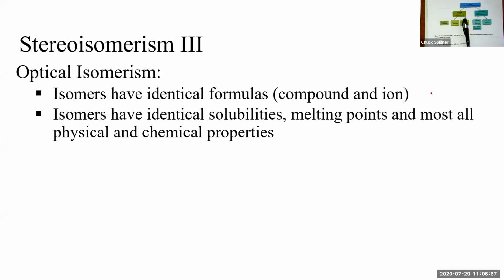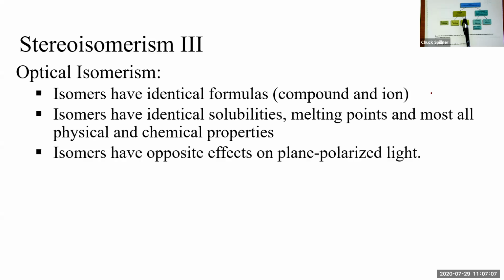So if you looked at melting points or solubilities, or how they react with other compounds or elements, they're all the same. The one thing that is different is how they interact with plane polarized light, and this is how they were identified. Otherwise, they're really hard to separate and really hard to identify.